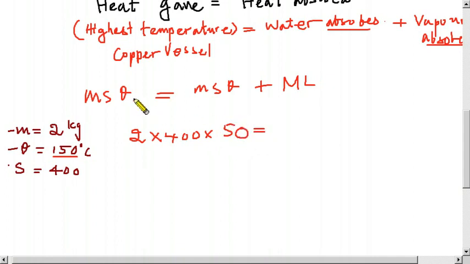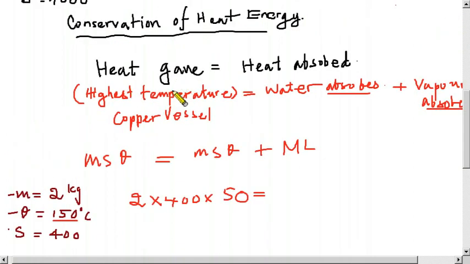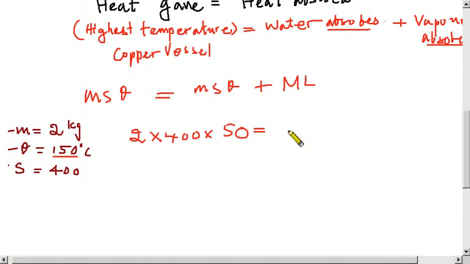equals, that is the only term we get for left side, that means who is giving heat away, who is giving heat to water or to the system. So ms theta is for water, this one is for water.